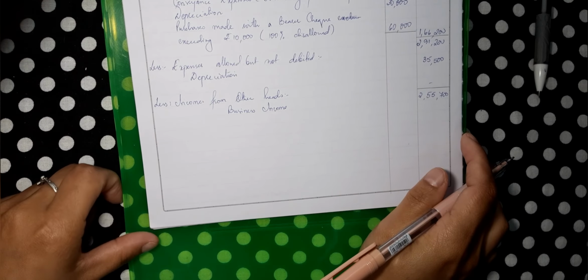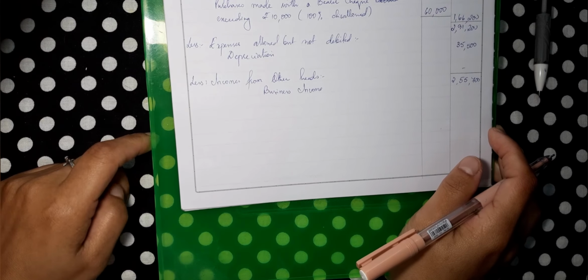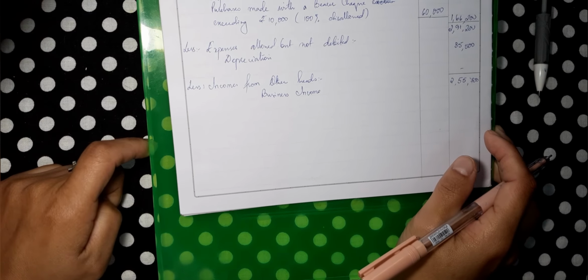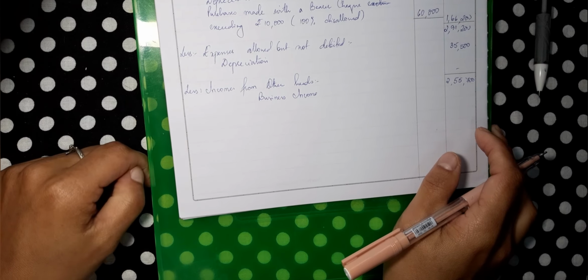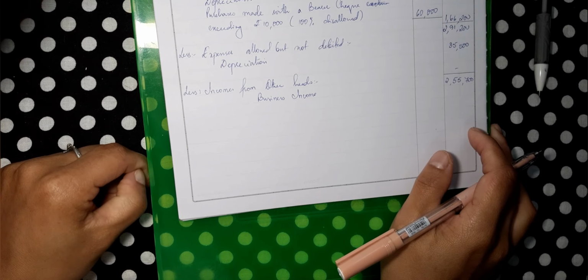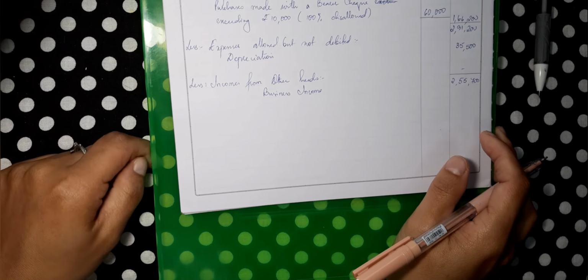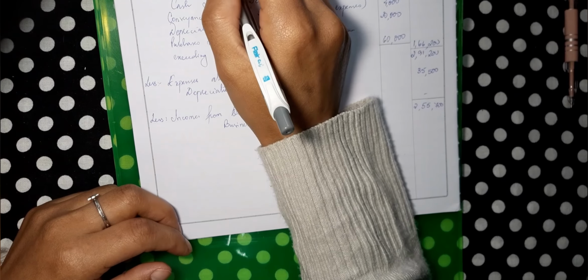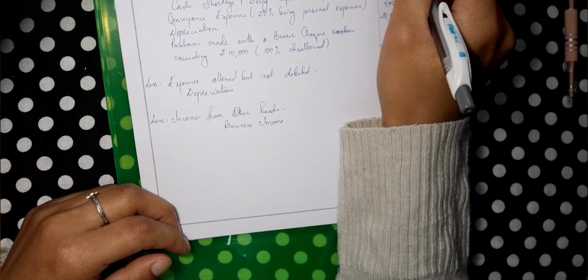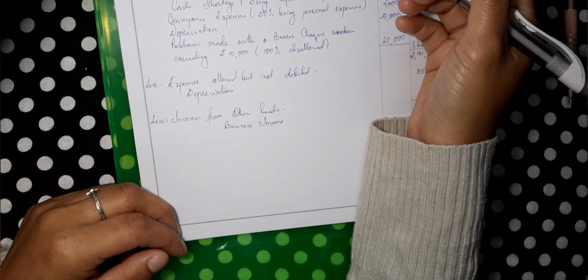However, when it comes to this particular section, there is a section of 40B. Okay, if you look at point number 10, they've specifically mentioned that Mr. Alpha is a working partner of the firm. And as per partnership agreement, he's entitled to a salary, which means that the salary which was paid to partner Alpha, the salary of rupees 24,000, is going to be allowable because he is a working partner.